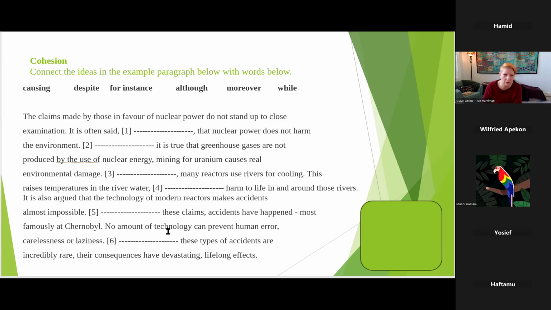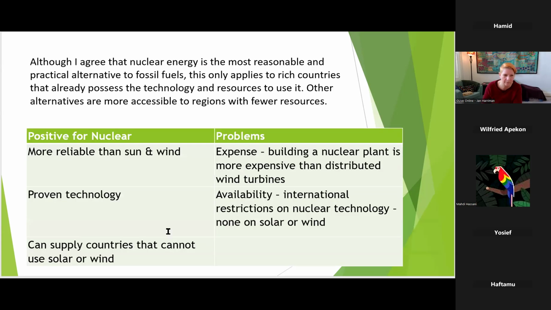How did they go about organizing it? So once we've got an analysis and our list of ideas of what we're going to talk about, then we start.